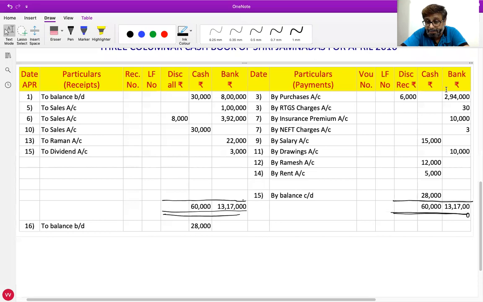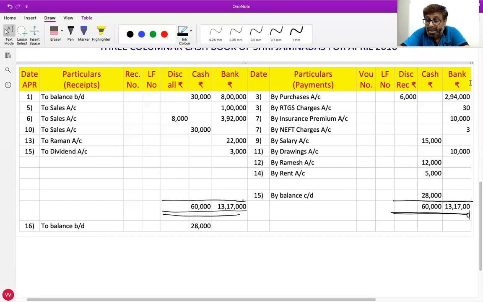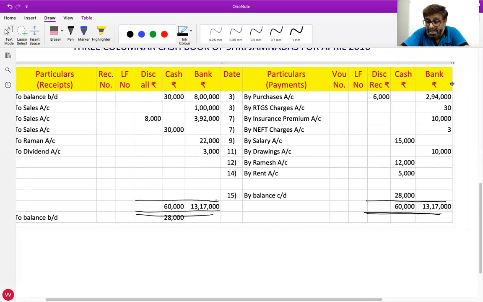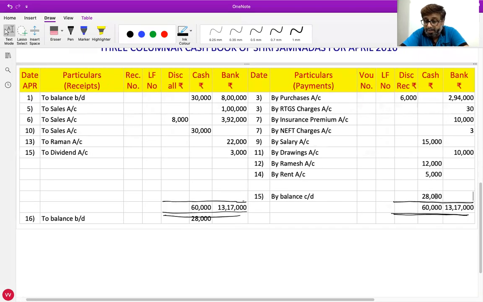Did you all write that? Yes, sir. Now do 13 lakh 17,000 minus 2 lakh 94,000 minus 30 minus 10,000 minus 3 lakh 14.